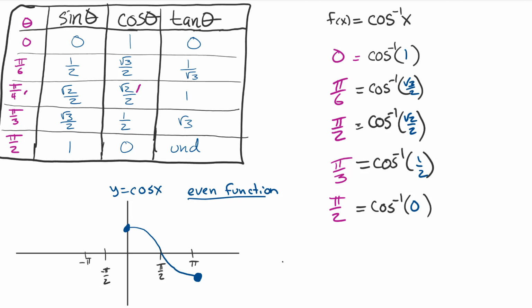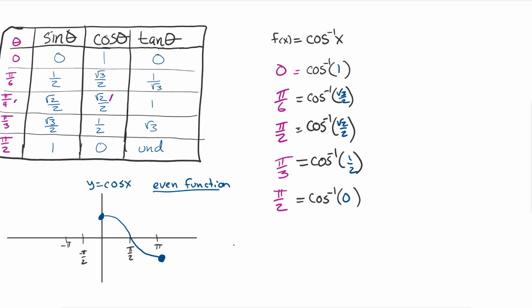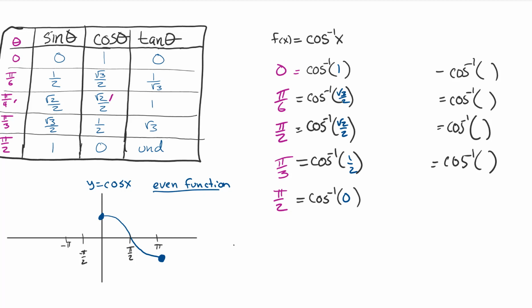Let's show you what's going to happen here. Let's try the same thing. Cosine inverse of, and we only need to do 4 because we don't need to do 0. All right, so let's pop in -1.